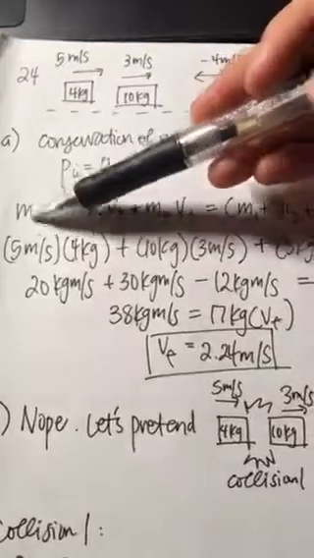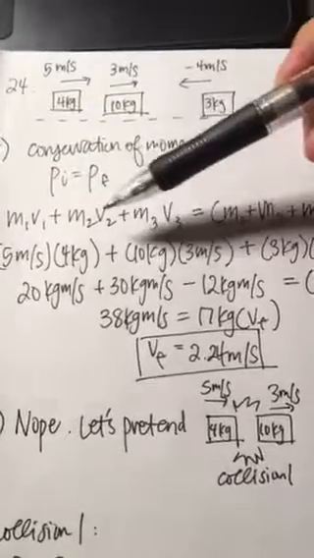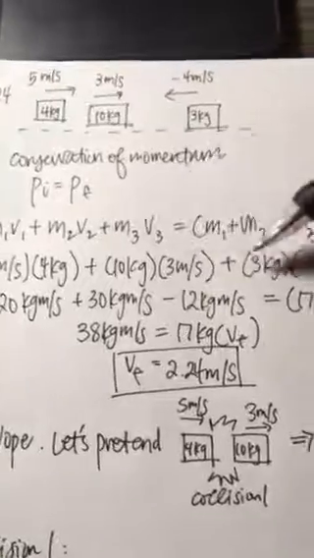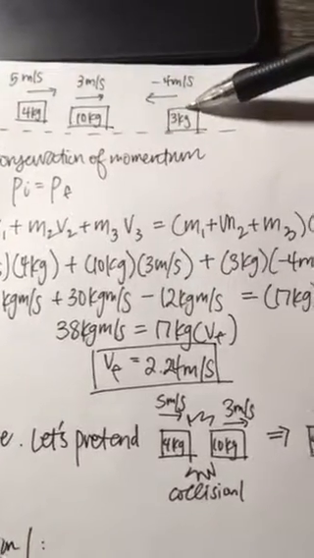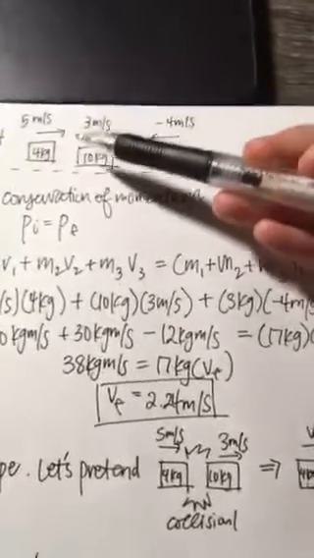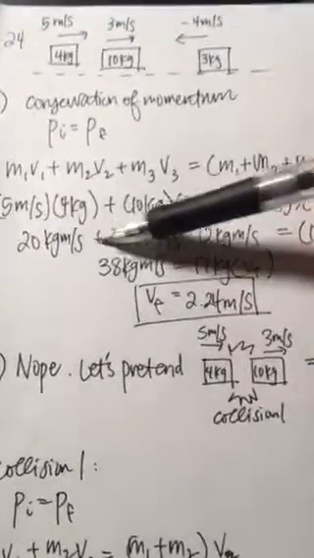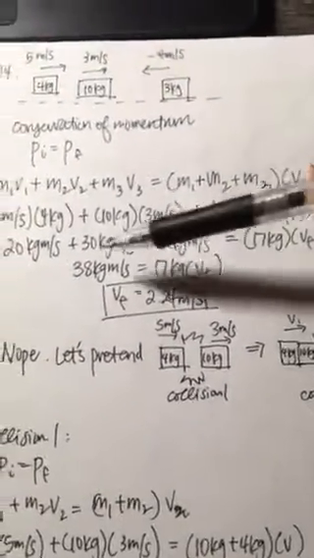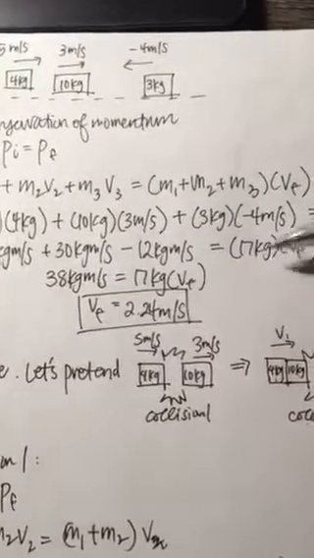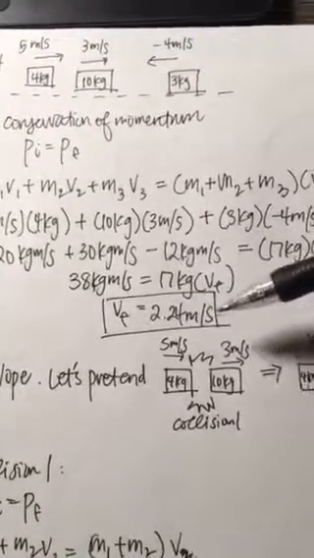So we just do m1 v1, m1 is 4 kilograms times v1 is 5 meters per second, m2, 10 kilograms, v2, 3 meters per second, and m3 is 3 kilograms, and then v3 is negative 4 meters per second, equals 4 kilograms plus 10 kilograms plus 3 kilograms, which is here, times vf. So if you add everything up together, we can see that we get 38 kilogram meters per second equals 17 kilograms times vf. Then if you just divide, we see that vf equals 2.24 meters per second.